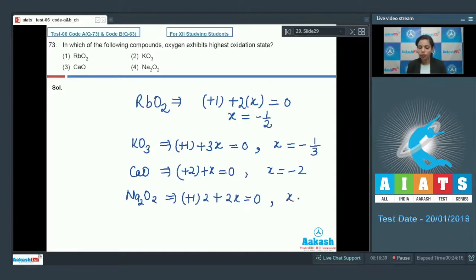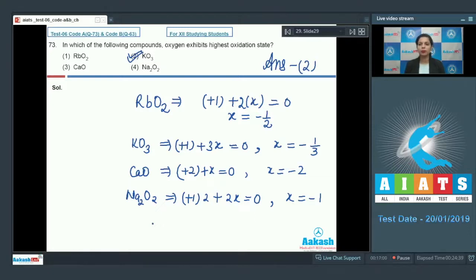So what would be the value of X? Just find it out. It is -1. And we have calculated all the values. Which one is the highest? Definitely it is highest for KO3, that is -1/3. So I'll choose it as the correct option. This is option 2. I hope this question is clear to you.